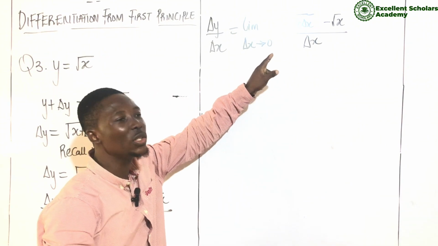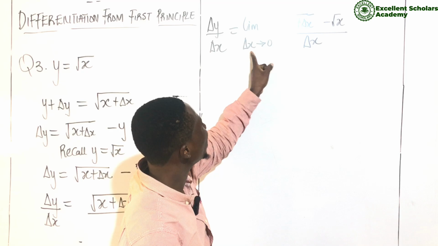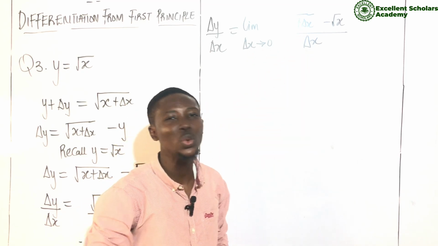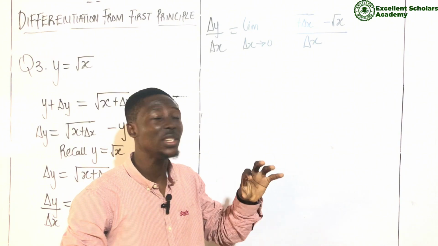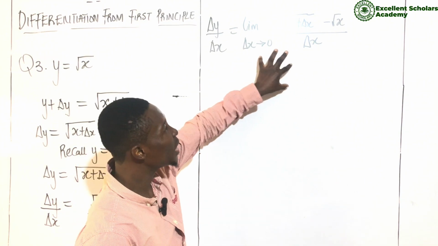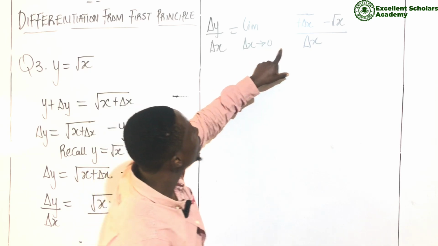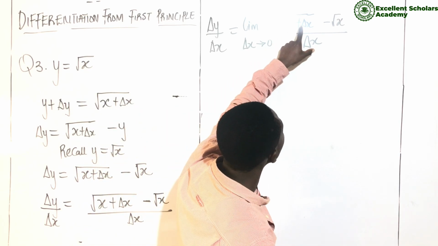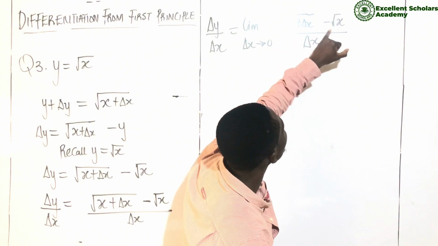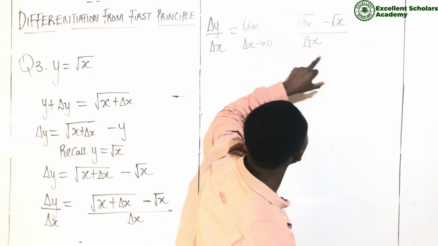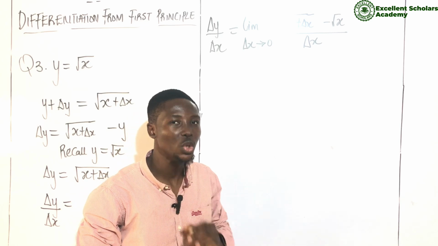Now, for you to take the limit of something like this, it means you substitute 0 for small increment in x. Now, do not do that yet. If you have watched my videos on how to limit a function, you would have noticed that you can't just take the limit here, because by the time you do, this will be 0, this will be root x minus root x, everything here will be 0, and 0 over 0 is undefined.